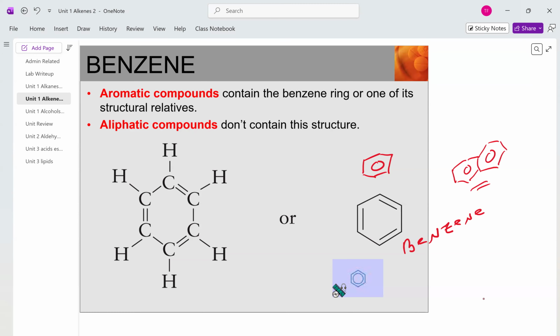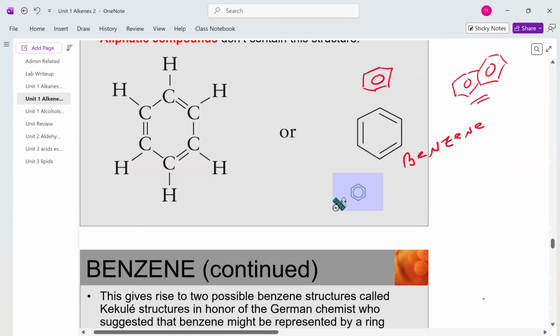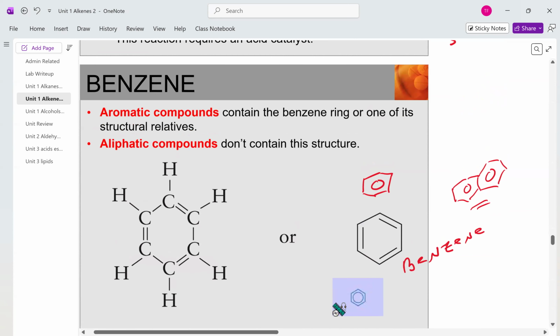Those are pretty common in our environment and in our bodies. Aliphatic does not contain any benzene structures. Aromatic contains at least one benzene structure, and it could contain lots of other aliphatic parts. But if there's one benzene in there, the whole thing is called aromatic. And we usually draw it like that, not like this.